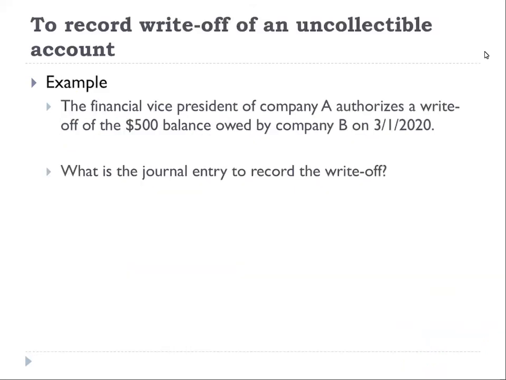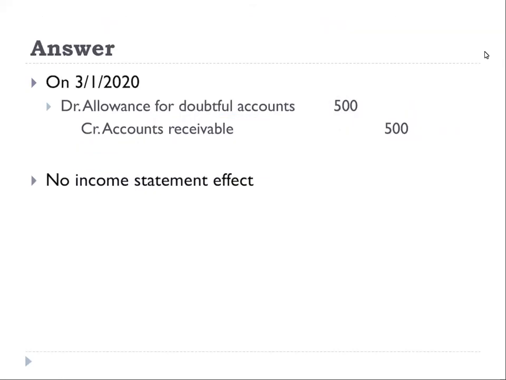The second journal entry is to record the write-off of an uncollectible account. For example, the financial vice president of the firm authorized a write-off of $500 owed by company B. What is the journal entry to record the write-off? We debit, decreasing the allowance for doubtful accounts, and at the same time decrease accounts receivable.